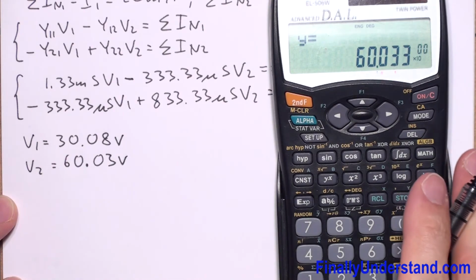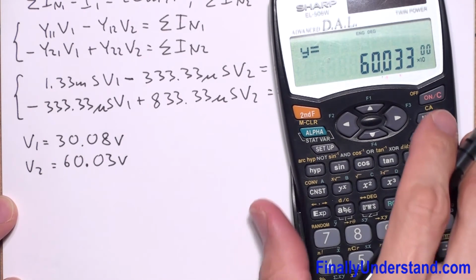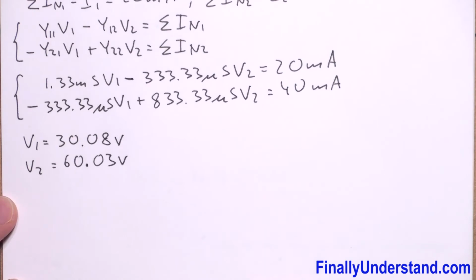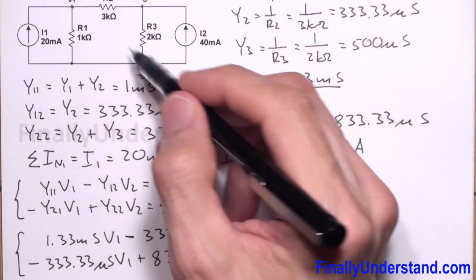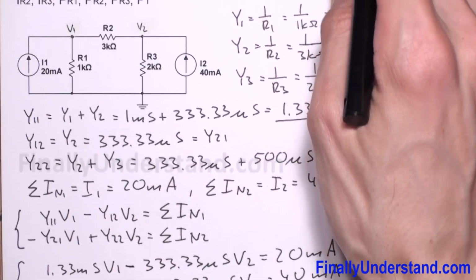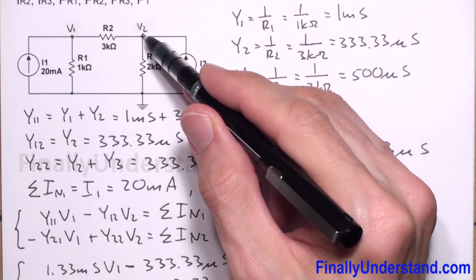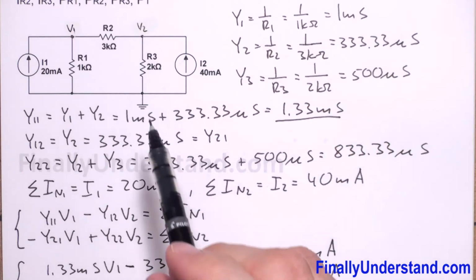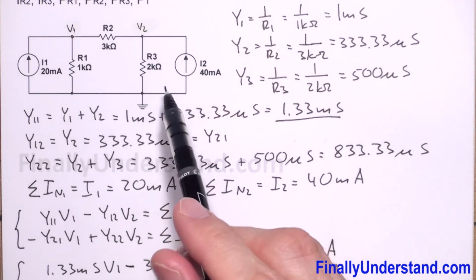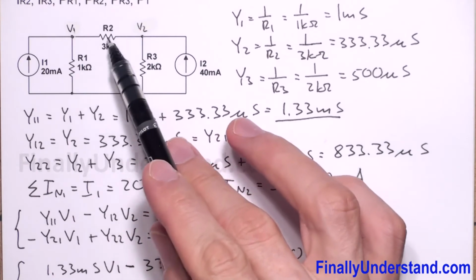So I found the node voltages. Voltage V1 is the voltage between this point and ground, and voltage V2 is the voltage between this point and ground. Next, the problem is asking me to find the voltage across resistor R2.